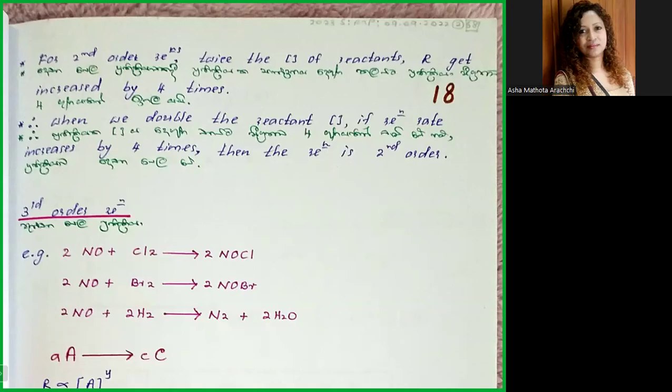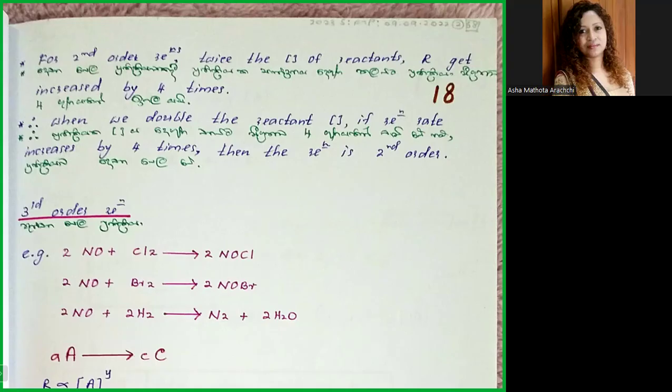So if the rate increases 4 times when you double the concentration, then the order equals 2. If the rate is not changing even when you change the reactant concentration, order 0. If you double the concentration and the rate doubles, first order. If you double the concentration and the rate increases 4 times, second order. Understood?